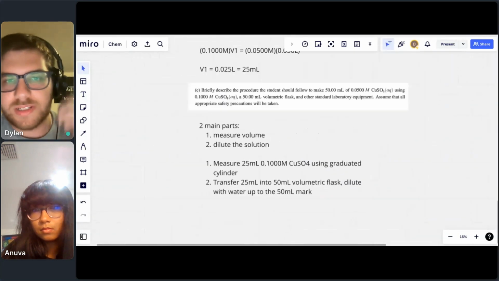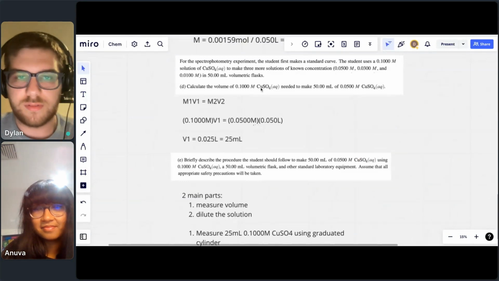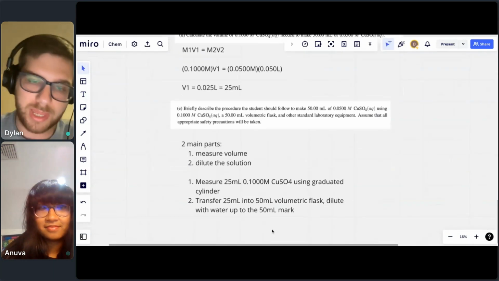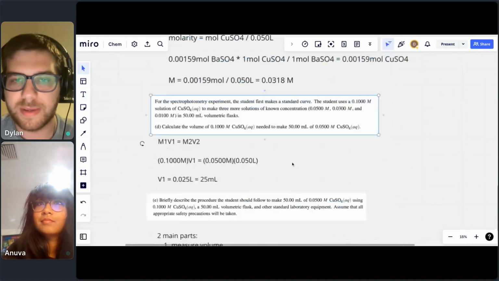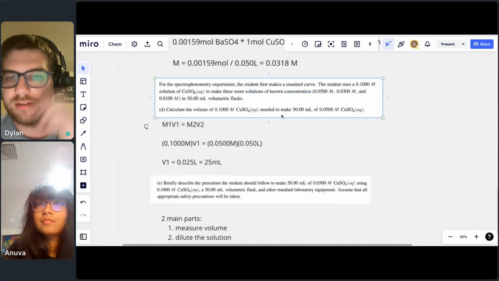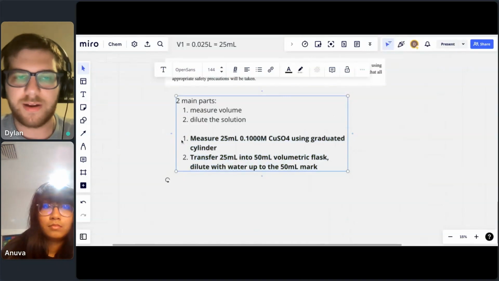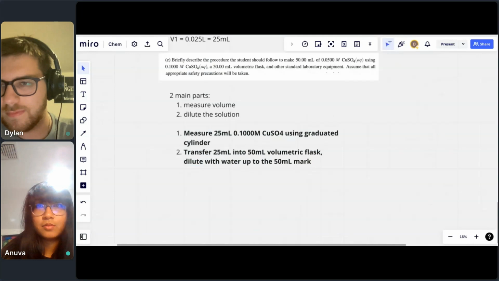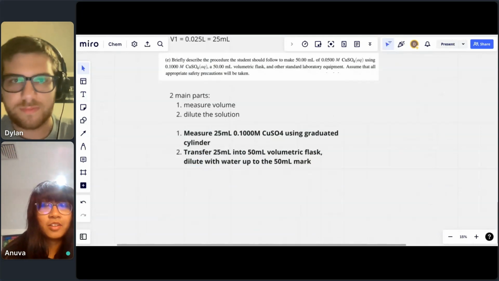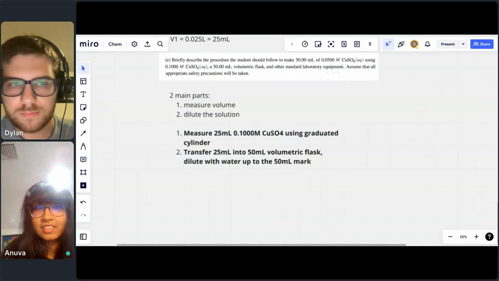First, we need to find our 25 milliliters of copper sulfate, measure that out, put that in, and then add the 25 milliliters of water to make it a 50 milliliter solution. That is our entire answer right there. Might seem scary, it's just 2 steps. It's not as hard as some people might think.